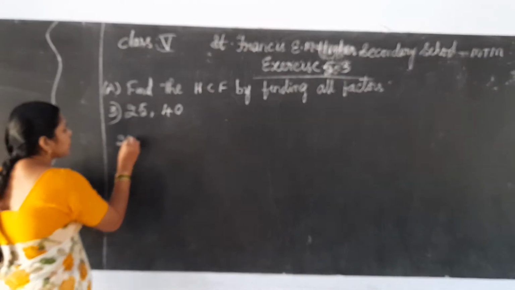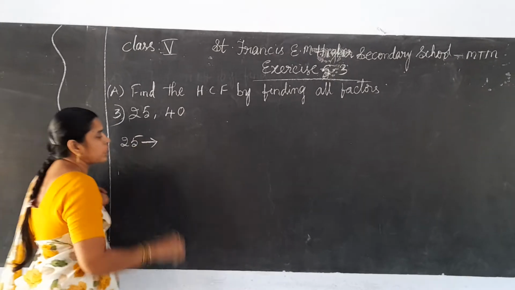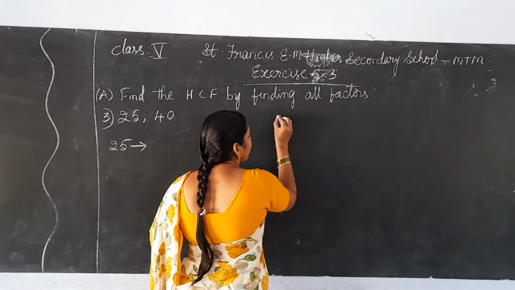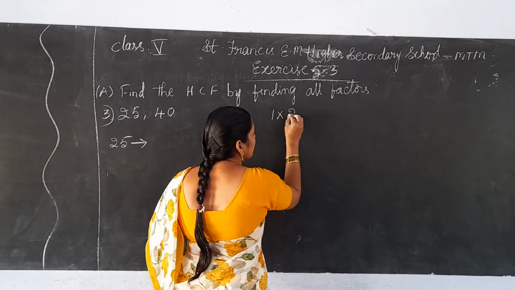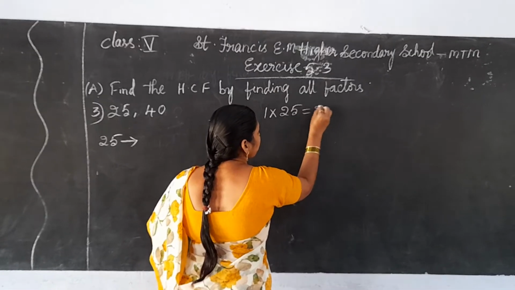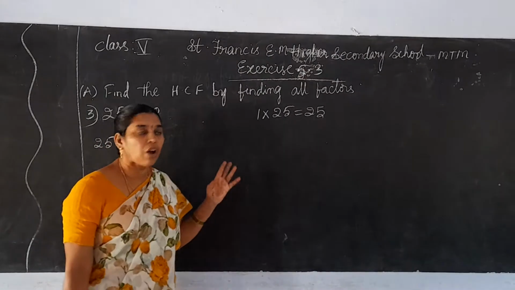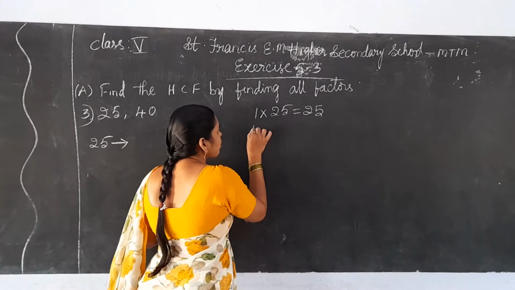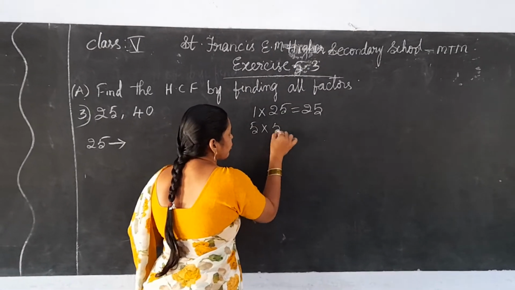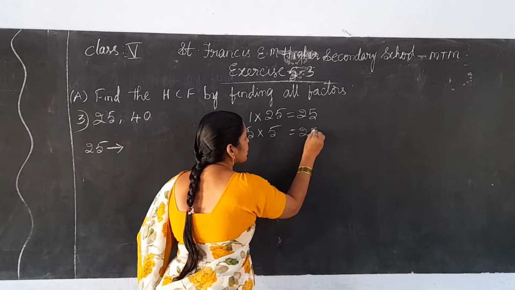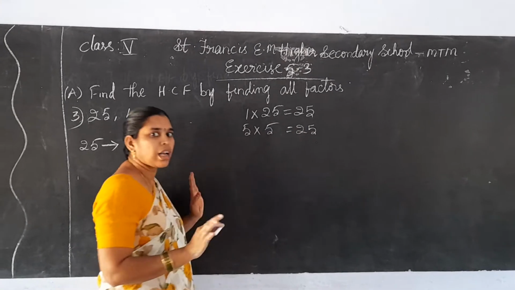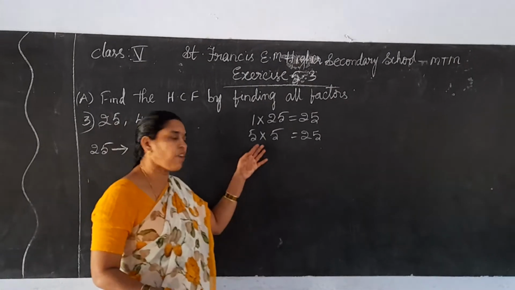See, 25. What are the factors of 25? See how to find out. 2 table will not go. 3 table will not go. Now 5. 5 fives are 25. Both the numbers are the same, which means there is no other factor for this number.